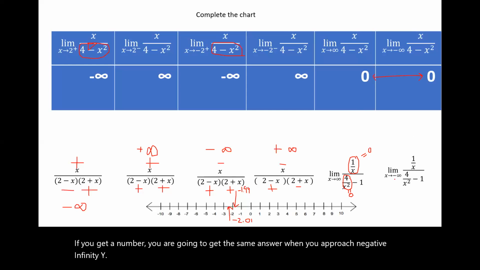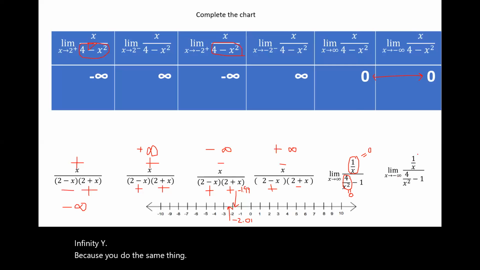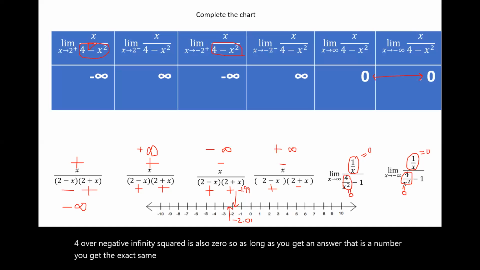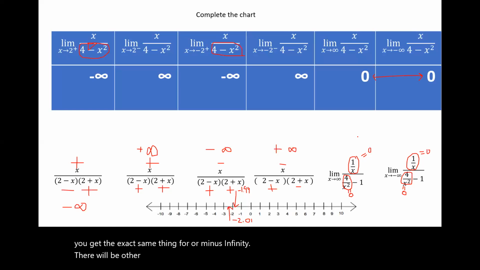Because you do the same thing. As you approach negative infinity, 1 over negative infinity is also 0. 4 over negative infinity squared is also 0. So as long as you get an answer that is a number, you'll get the exact same thing for plus or minus infinity. There'll be other situations when we don't. We'll talk about those in a bit.